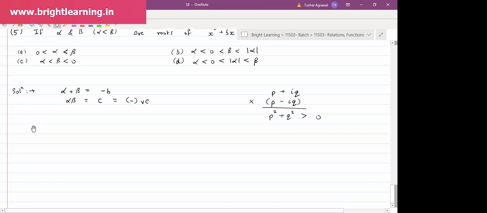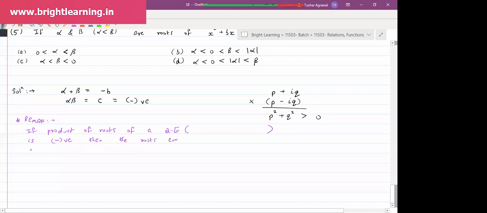So one remark you can write. If the product of roots of a quadratic equation is negative, then we can definitely say the roots are definitely real numbers.